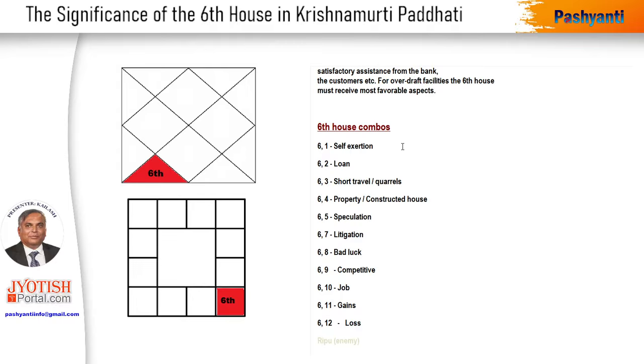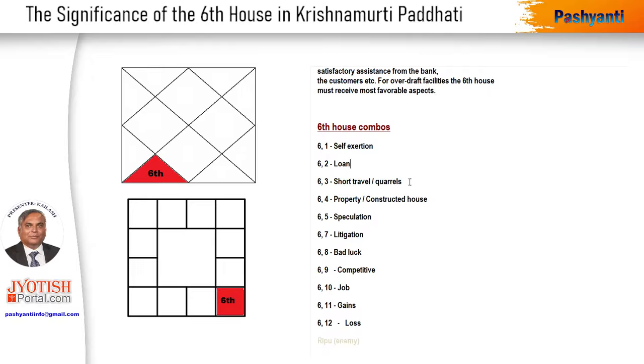It also indicates a minor ailment, but it's also a house of self-exertion. And then the 6 and 2, it shows loan or the borrowing. And then the 6-3, it shows gain from the short travel, and it also shows some kind of a dispute or a quarrel also.